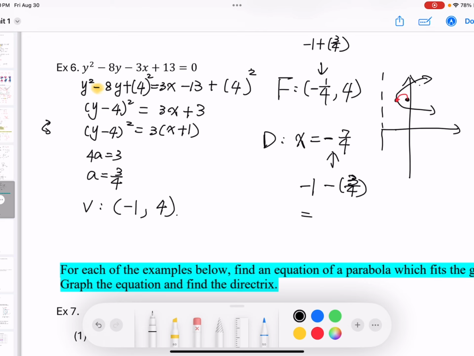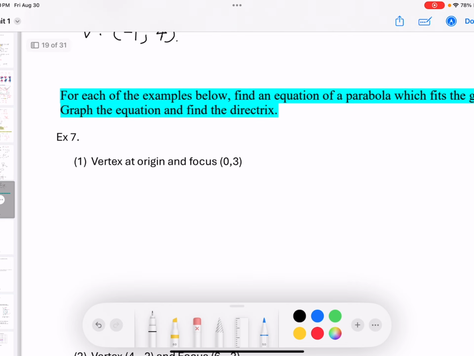So this line is x equal to -7 over 4. Some of you are using the method of moving this point, the x value, to the left 3 over 4 unit. You use -1 minus 3 over 4, and we have the same solution. Okay, let's move on to the next part.